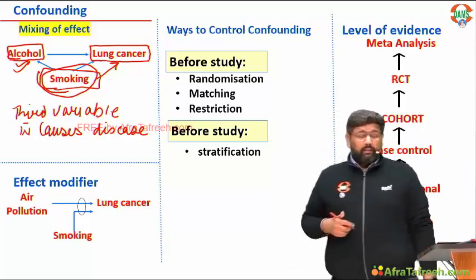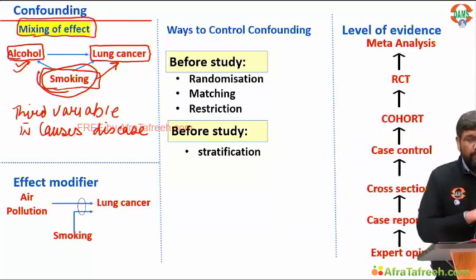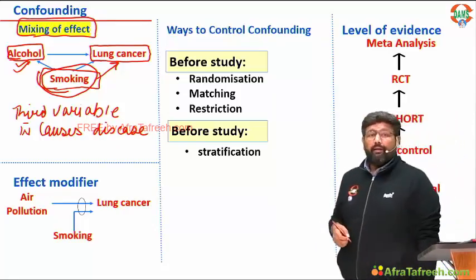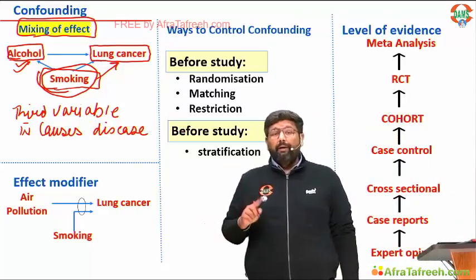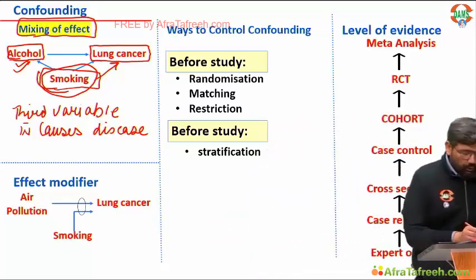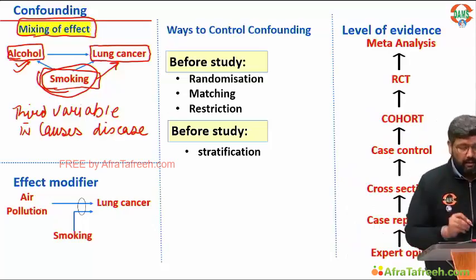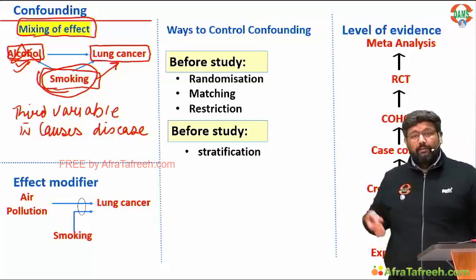Now, this is known as mixing of effect, right? We are confused now. Is it alcohol or is it smoking? But effect modifier means these two. Here alcohol is not causing cancer. It is the smoking which is causing cancer.